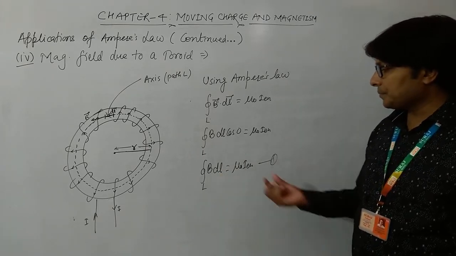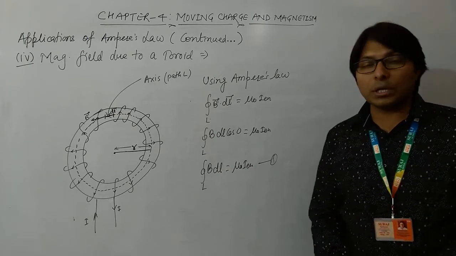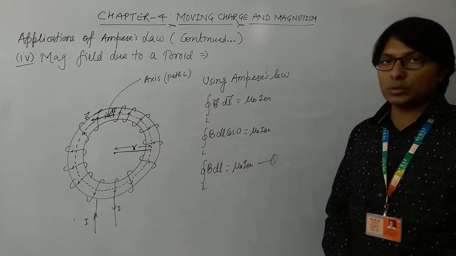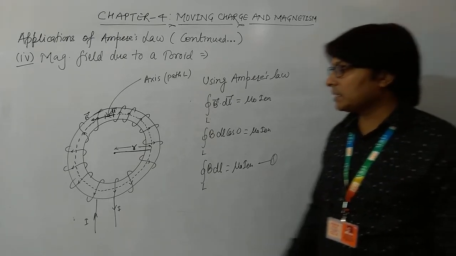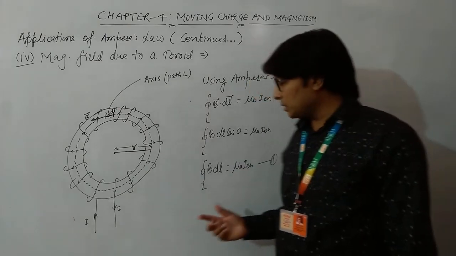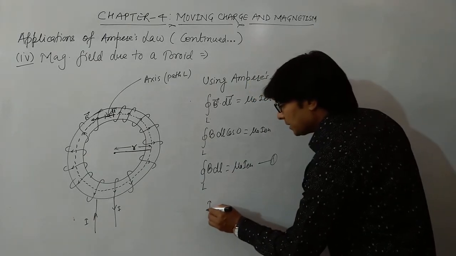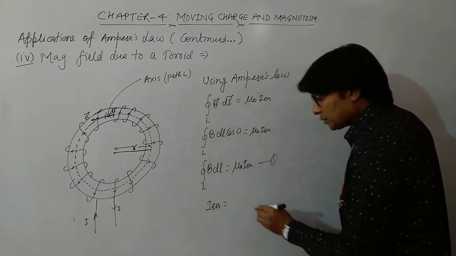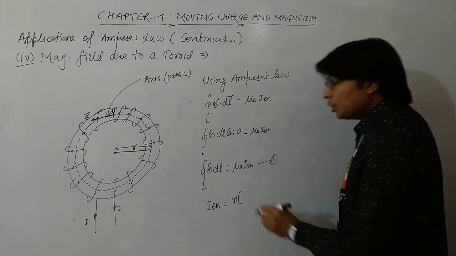Now how can we calculate this I enclosed, the total current enclosed by this Ampere path? If I multiply the total number of turns by the current flowing in one turn, this will be the effective current or I enclosed. So I enclosed is equal to the number of turns per unit length into the total length.